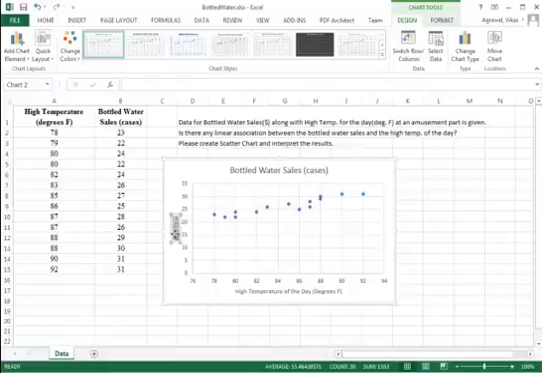This is bottled water sales in cases. So this is my plot here.